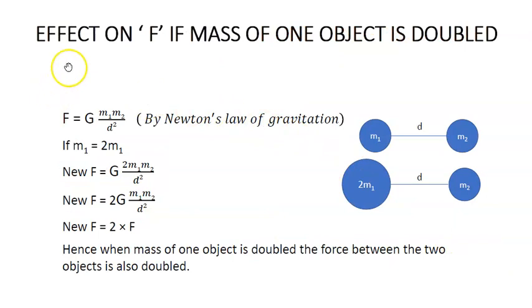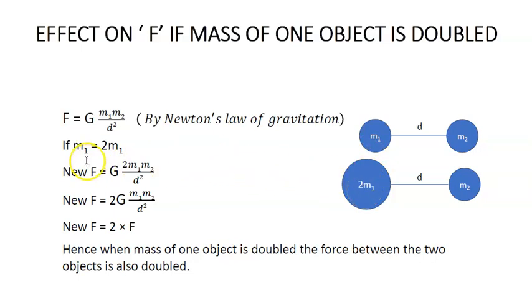What happens to the force if mass of one object is doubled? We have this equation from Newton's law: F is equal to G m1 m2 upon d square. Out of these two bodies, the mass of one object has been doubled.